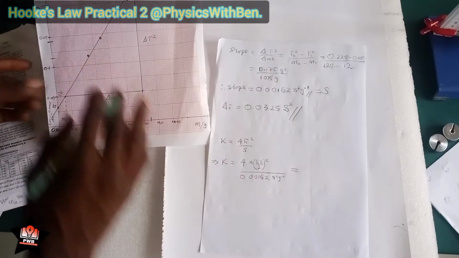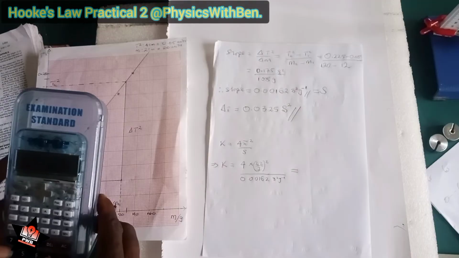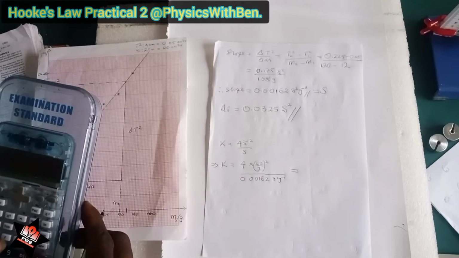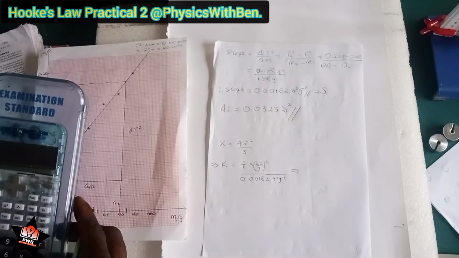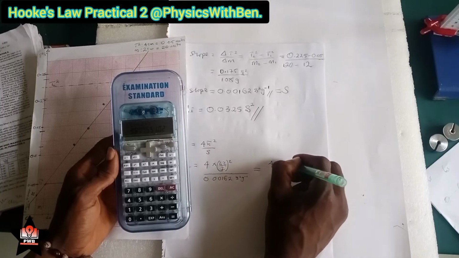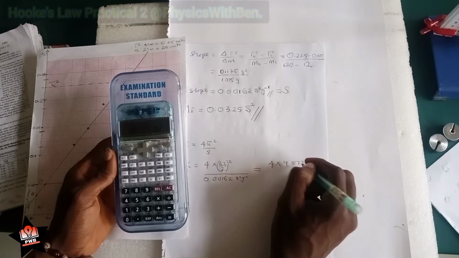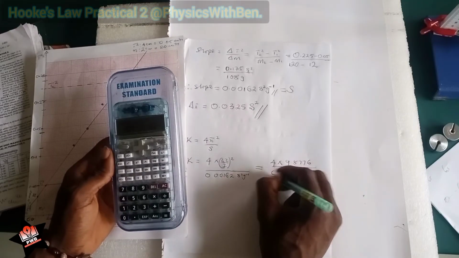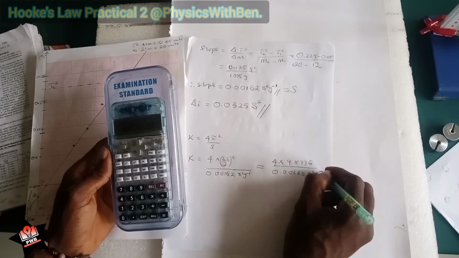So if you evaluate that correctly, (22 divided by 7) square will give us 9.87776. So this is the same as 4 times 9.87776 divided by 0.00162 seconds square that.